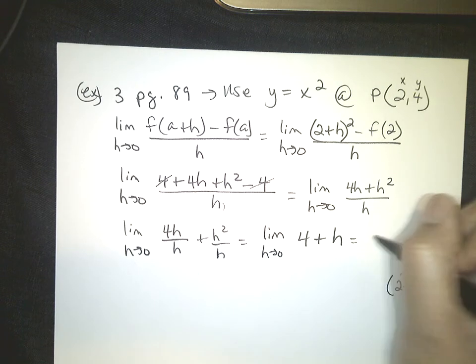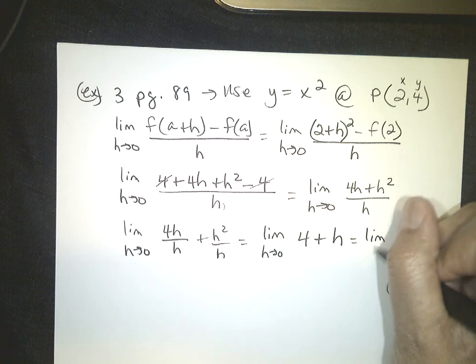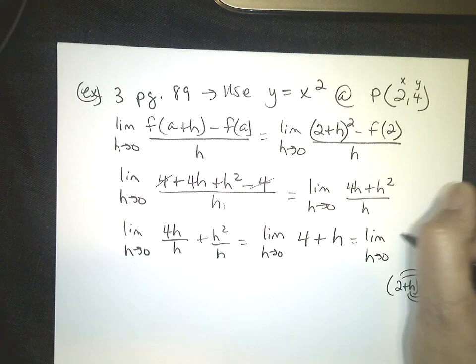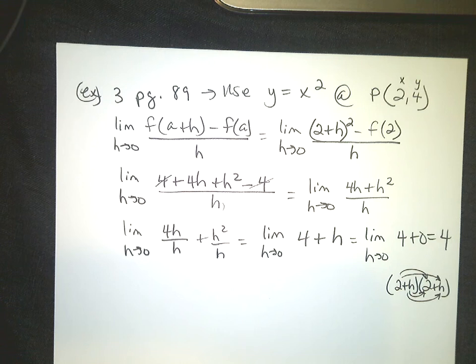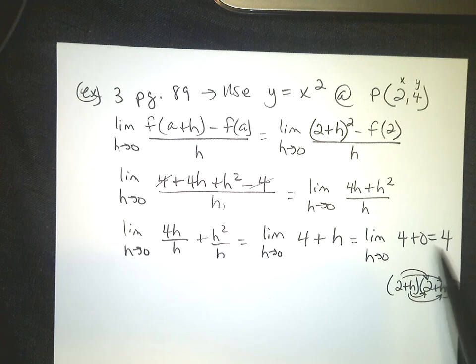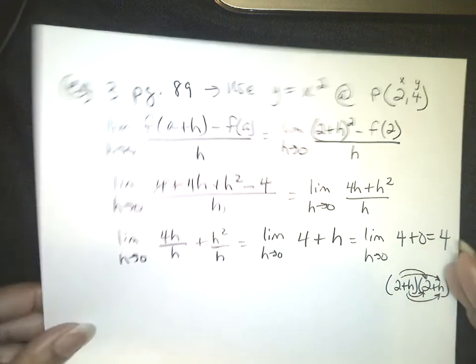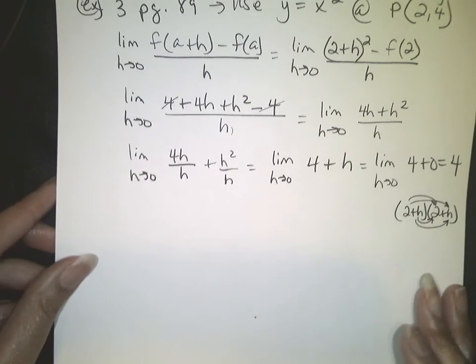Now we can plug in the limit of 4 plus 0. And so we did all that work so that we can get a slope of 4. And now that we got an actual number for our slope, we can find our tangent equation.